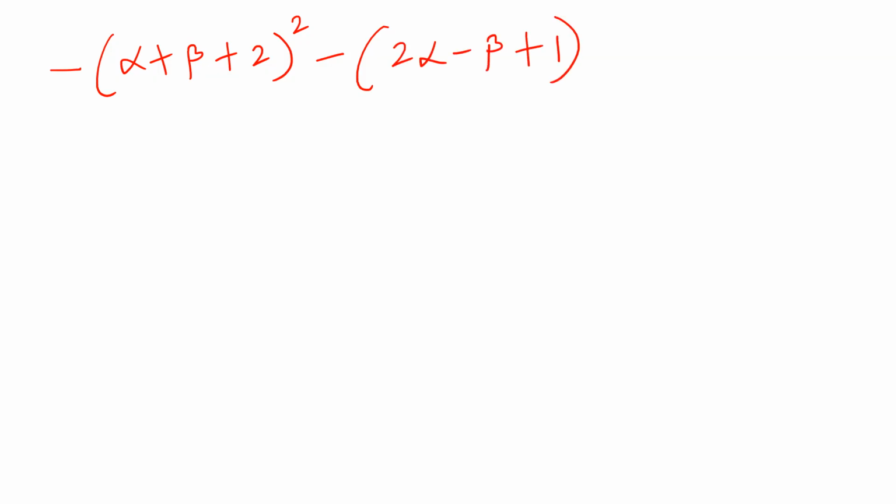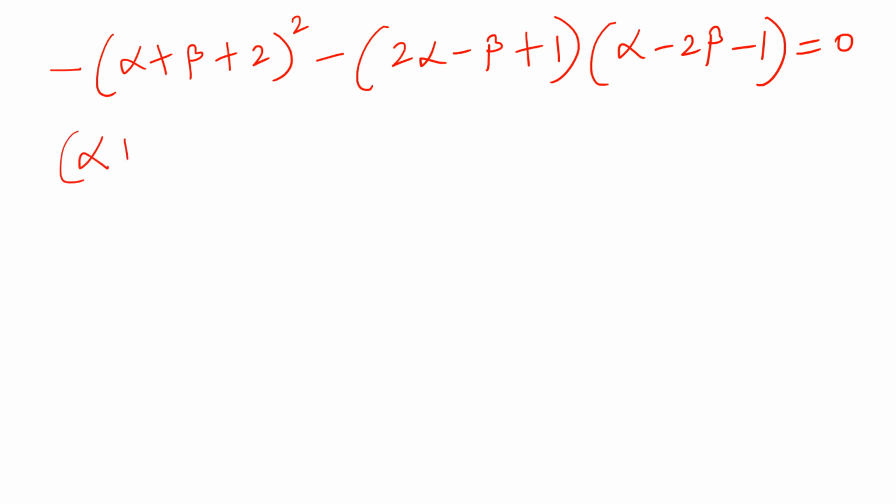Now students, upon expansion of this determinant, we get minus alpha plus beta plus 2 whole square minus, inside the bracket, 2 alpha minus beta plus 1 into, inside another bracket, alpha minus 2 beta minus 1, and this is equal to 0.